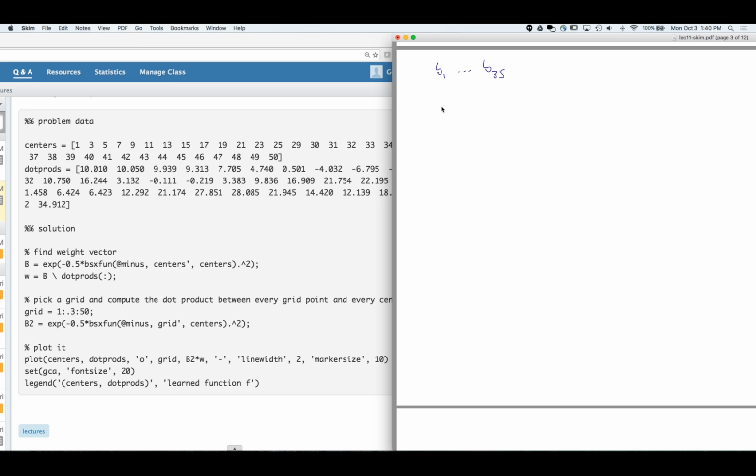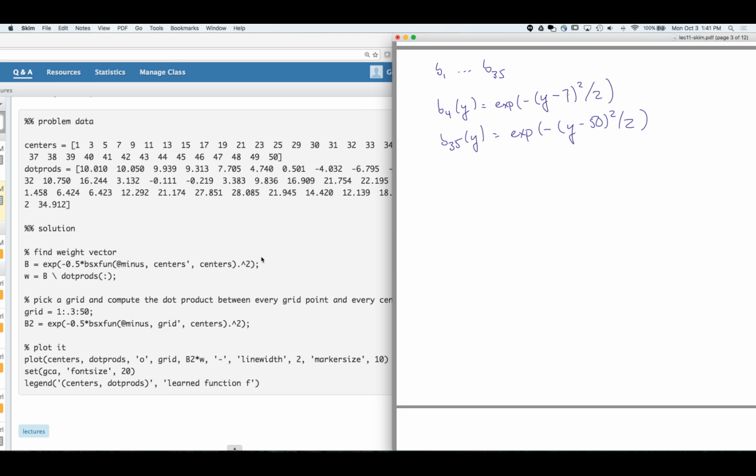So for example, B4 of y is the function exp of minus (y minus 7) squared over 2. Where did I get 7? This 7 right here is the same as this 7 here. It's the 4th element of this centers vector, right? And so at the end, B35 of y is exp of minus (y minus 50) squared over 2, and that's the last element of centers.